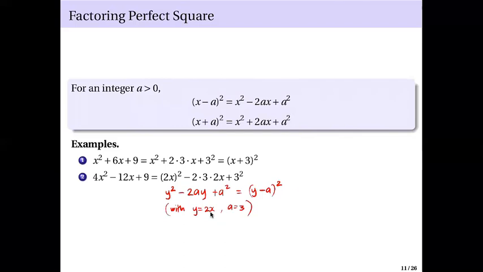So you should end up with 2x minus a, where a equals 3. So (2x minus 3) squared. So this is the factored form of this expression here. Therefore, that's what we have in here.